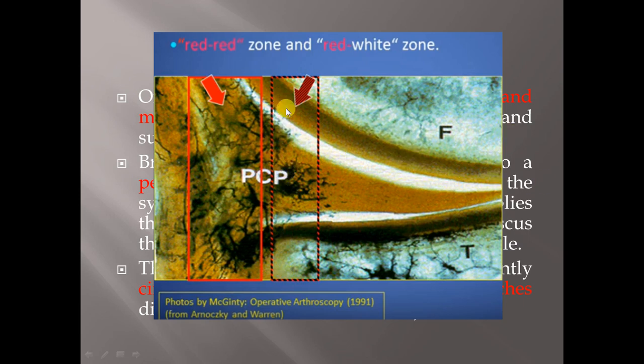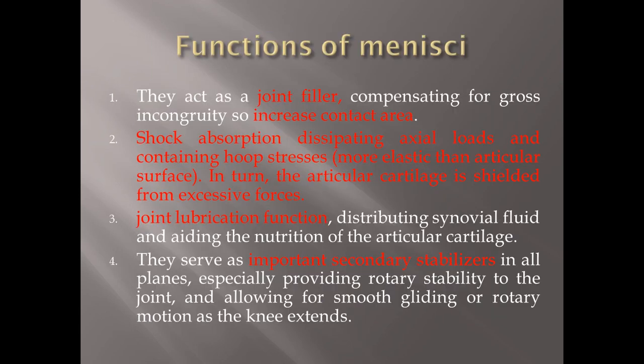So if you want to repair, you can repair in the zone with increased vascularity. Even if you have a small vertical tear in this zone, you can manage it non-operatively. It will heal. In the white zone there is a bad healing process, with either conservative or operative management.